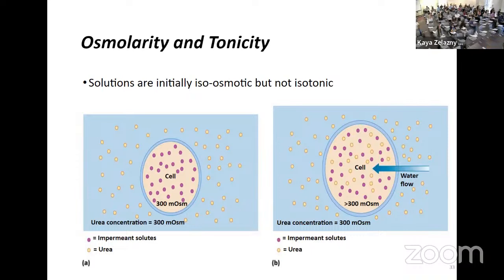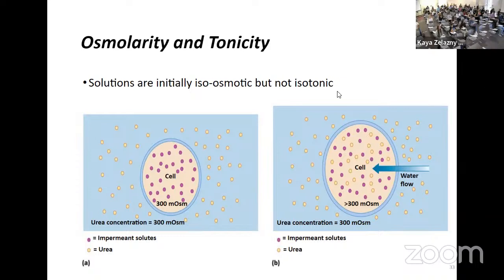So the way it does that is by moving water instead of moving those things to which the membrane is impermeable. So when we can't move, say sodium, when we can't move an ion across the membrane, we may move water to change the concentration of the sodium by watering down that environment, so diluting it, even though we didn't actually move a sodium ion itself.